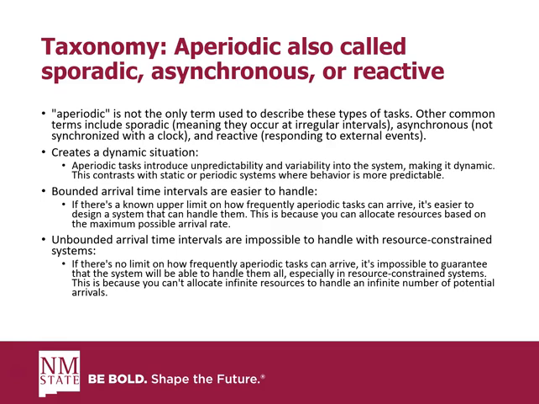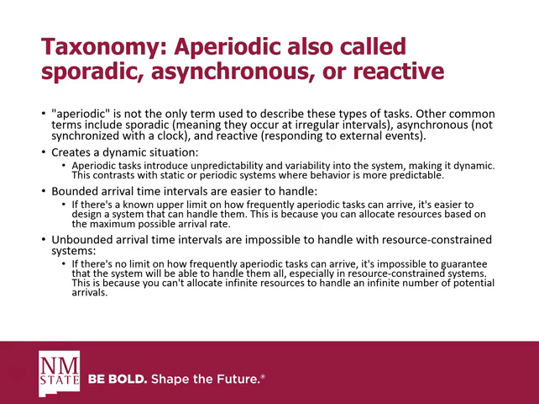We have explored periodic systems with their predictable cycles. In this slide, as you can see, aperiodic is not the only term used. These types of tasks are also described as sporadic, asynchronous, or reactive. This highlights the fact that these tasks occur at irregular intervals, are not synchronized with a clock, and respond to external events.